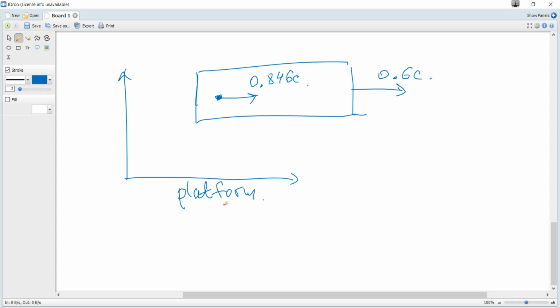Again, relative to a platform, the ball is moving with speed 0.846.